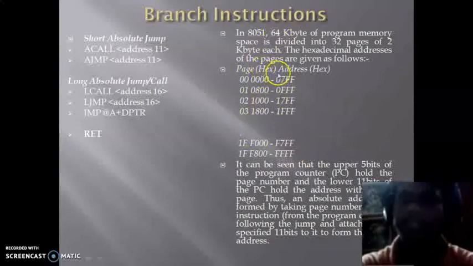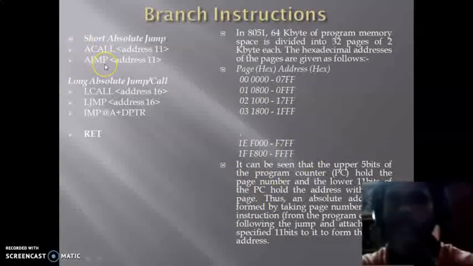This is the way the page and address can be segregated. It can be seen that the upper 5 bits of the program counter hold the page number, and the lower 11 bits of the program counter hold the address. That is what is done in the ACALL or AJMP instructions.